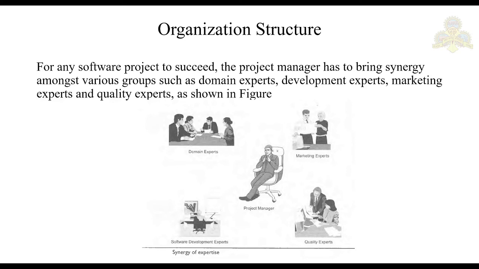We should have a flat structure, in the sense that the development team, testing team, and your project manager are all in one line. That means you can have a free flow of ideas. Then the project manager can look at whatever findings the testing team has made, and they can improve the quality, right? So a flat structure is recommended wherein individuals work together as a team without any strict hierarchy.